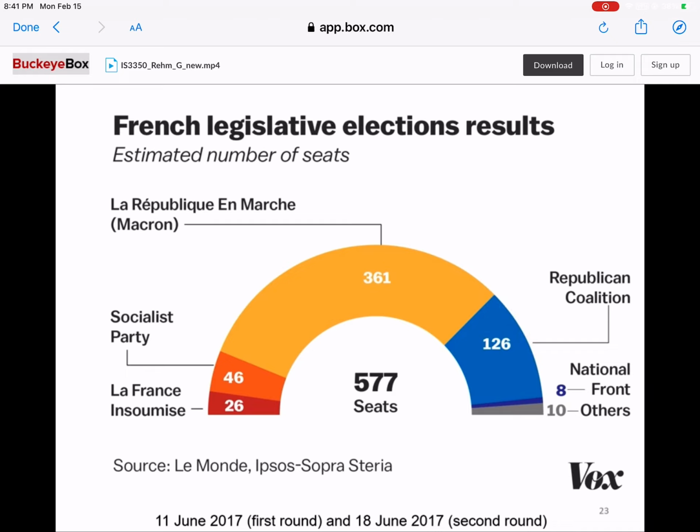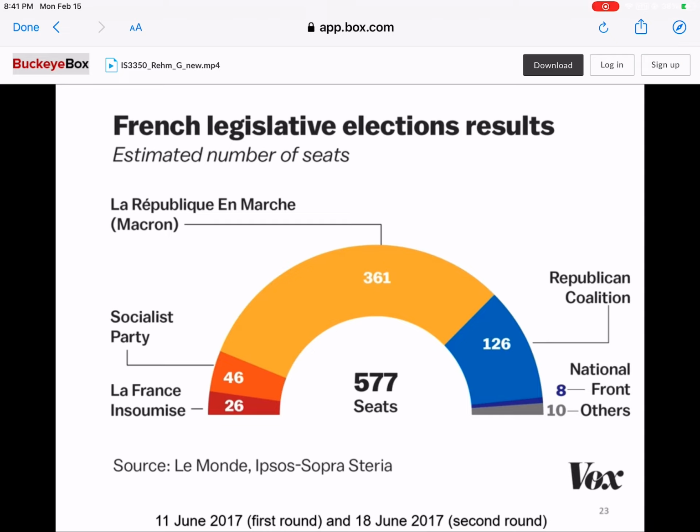Now, this is a two-round system which works comparably to the two-round system in the presidential election. There are 577 seats, and for every seat there is a separate election happening on June 11 in this particular case. After the first round, we will know the candidates for that seat and the percentage each has, and so we will know who has the most votes. If nobody wins an outright majority, there will be a second round.